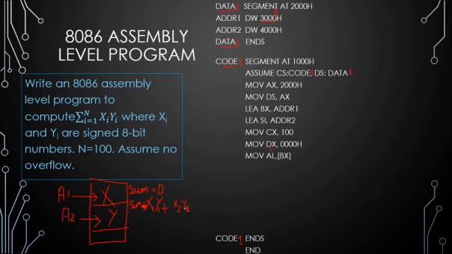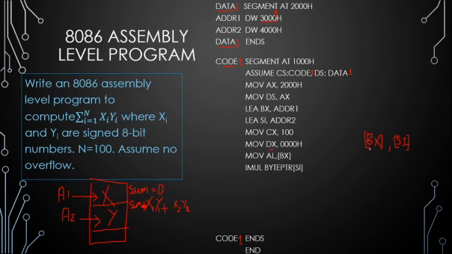Okay, now what is to be done? The first number, you cannot multiply bx with si, right? Why? Because those are memory locations. Both the source and the destination cannot be memory.